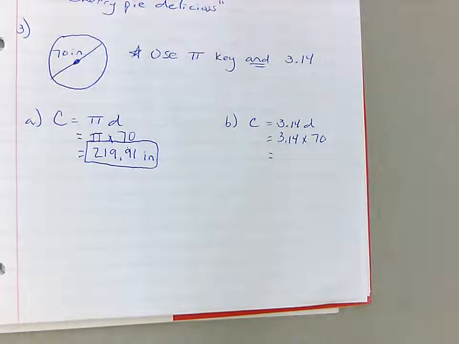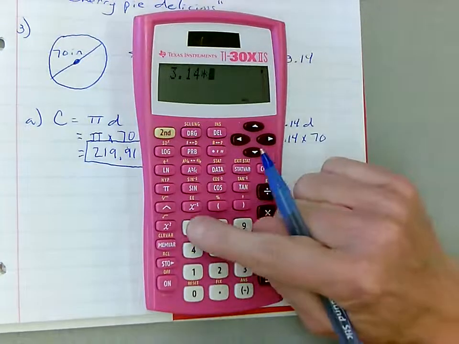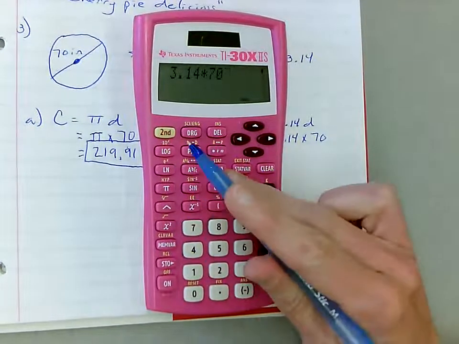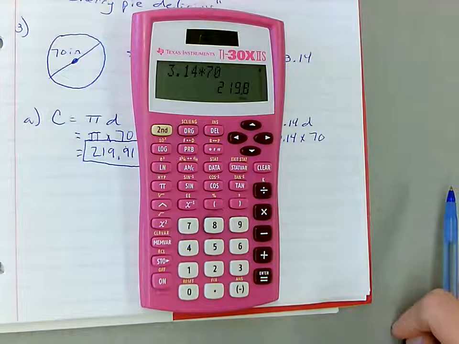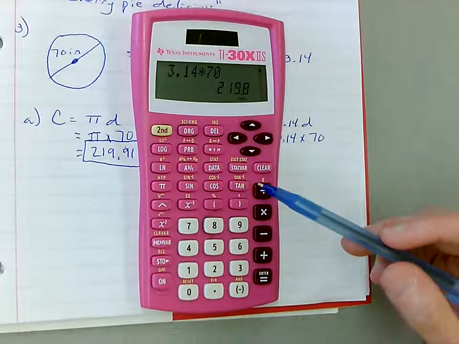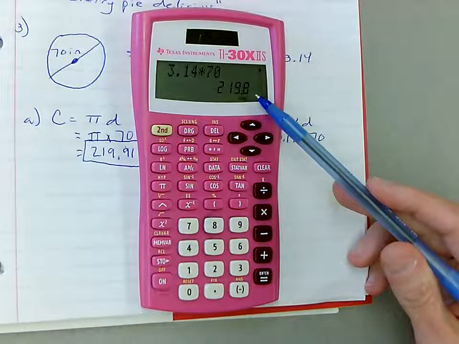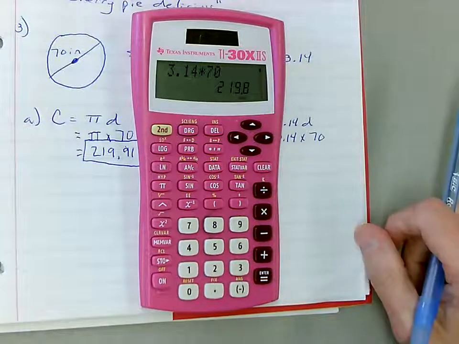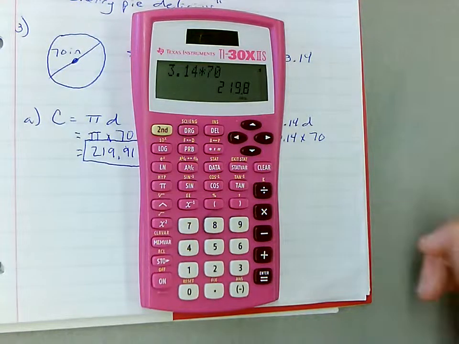So 3.14 times 70, the rounded version of pi. So you see, when you round pi, you do see that different decimal, 219.8. Since that's all it gives us on the calculator, that's what we're going to put. It's actually already rounded to the nearest tenth for us.